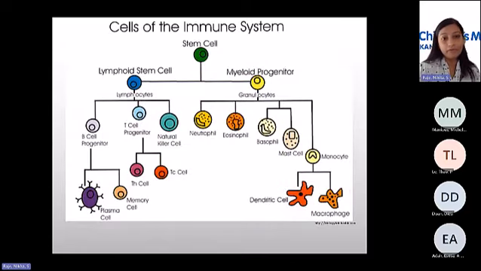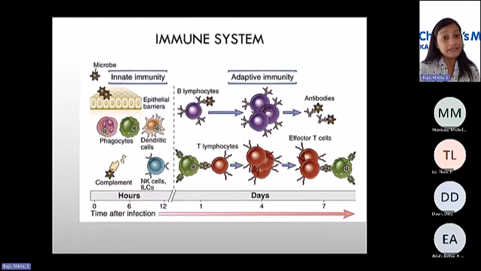So just a recap, you all know cells of the immune system come from the stem cell, and they can be lymphoid or myeloid cells. And then these cells and some other factors in the body, such as physical barriers, skin, epithelial layers, proteins like complement, toll-like receptors, all of them come together to provide the immunity, and immunity can be innate immunity and adaptive immunity.